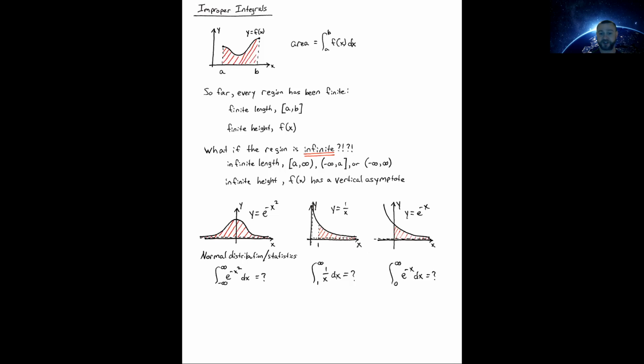The second and third regions look very similar. They're going to have very different behavior, as we'll see in some examples. It might work out that regions that are infinitely long could have infinite area. And for mathematical reasons, an infinitely long region might actually have finite area.